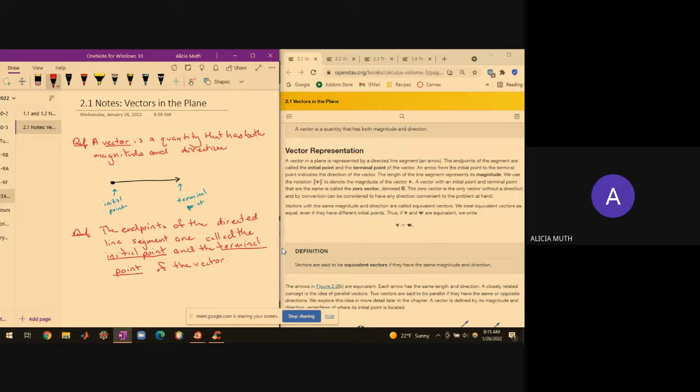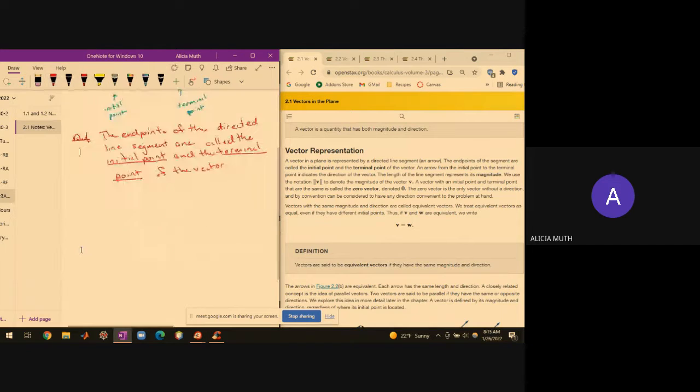All right, so the length of the line segment is the magnitude. Magnitude is our vocabulary word.